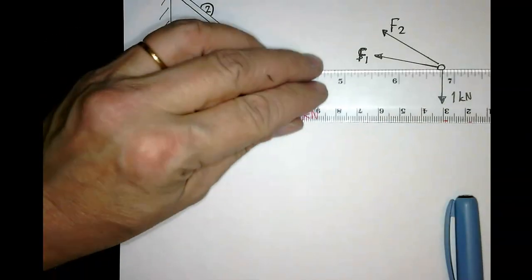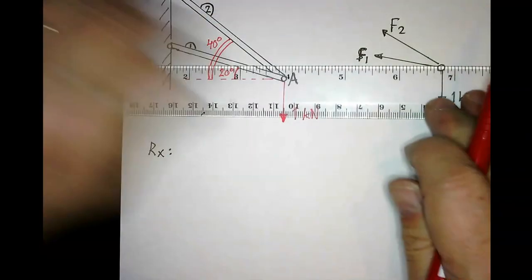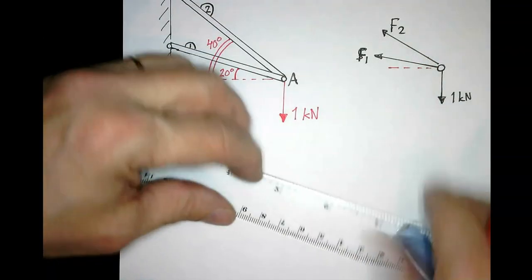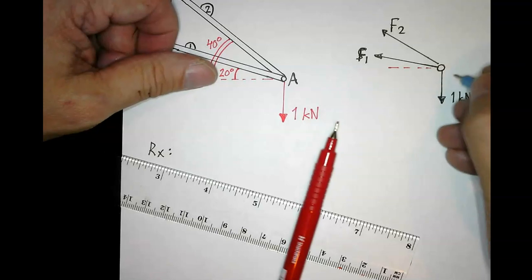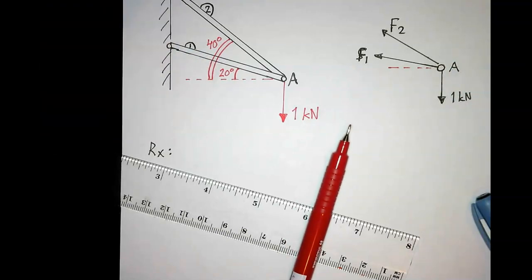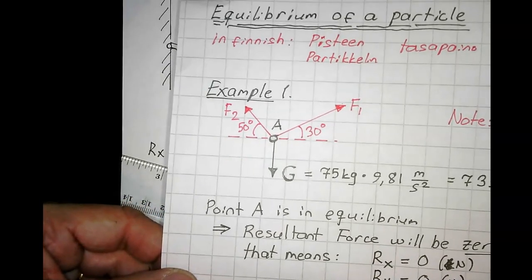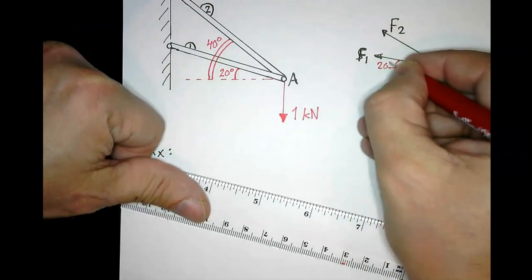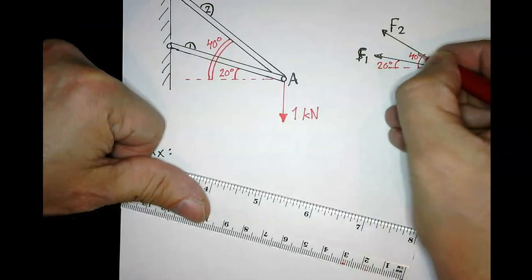Note the orientation of those forces. I draw them pointing away from that point A, the same as I did here. They were pointing away. 20 and 40 degrees.